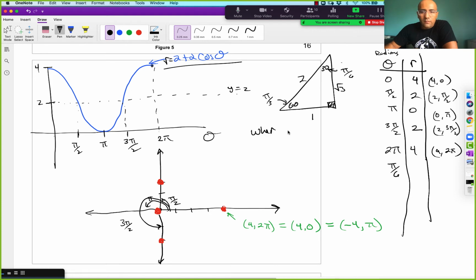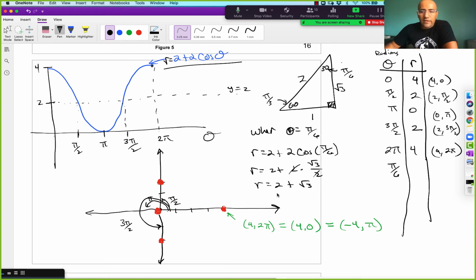When theta equals pi over 6, then r equals 2 plus 2 cosine of pi over 6. Cosine of pi over 6 is root 3 over 2 times 2 plus 2 equals r. These guys cancel, so you're left with 2 plus root 3.